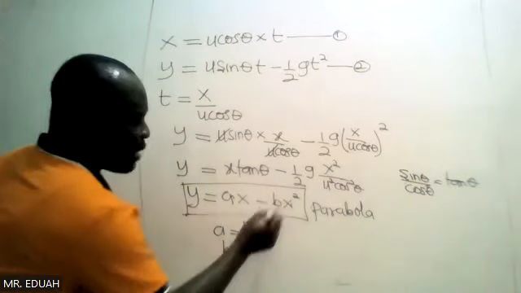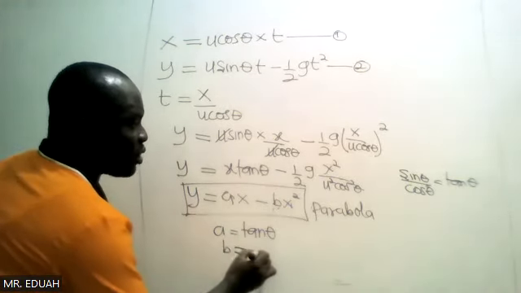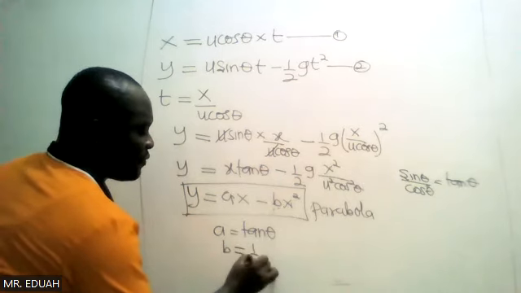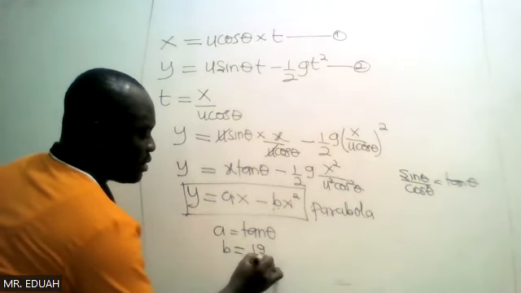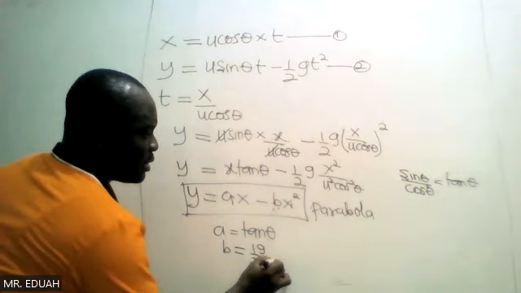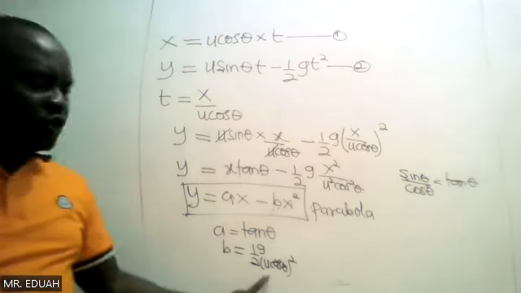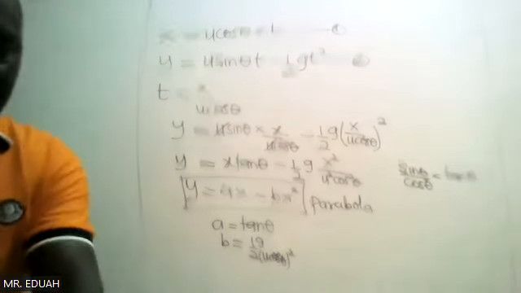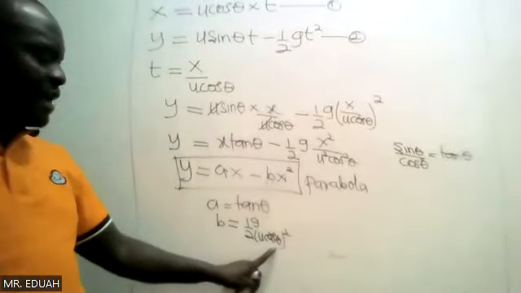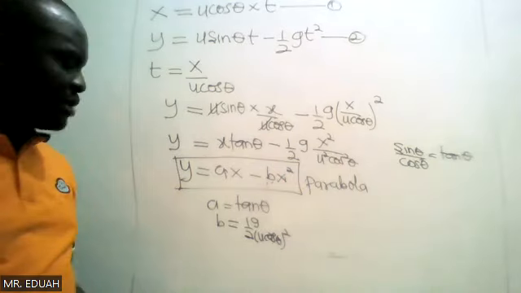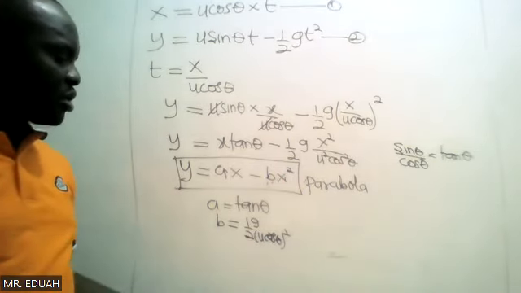So when you compare, B is equal to half g over u cos theta all squared. Once u is the velocity of projection, and cosine of the angle, once you know the angle, you can calculate it. G is also constant.